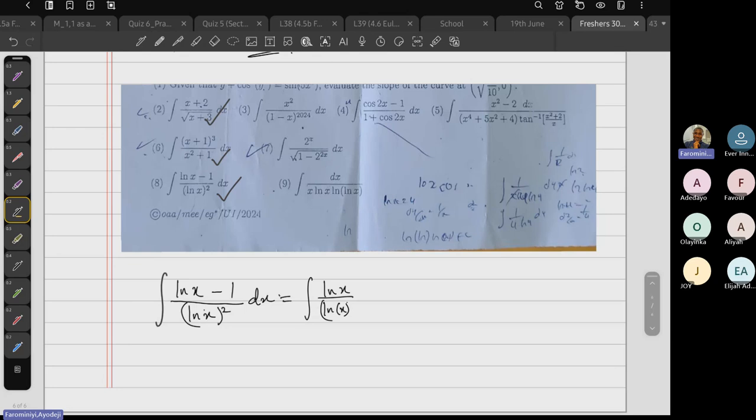If this does not work, I will go to another question temporarily while I still think about this one. So the first part is 1 over natural log of x. And the second part is 1 over natural log of x squared.